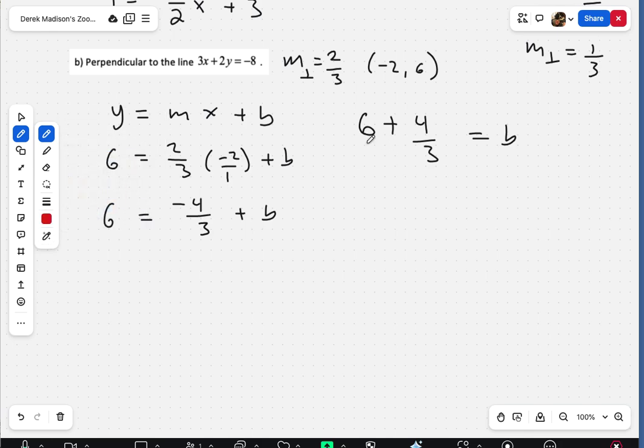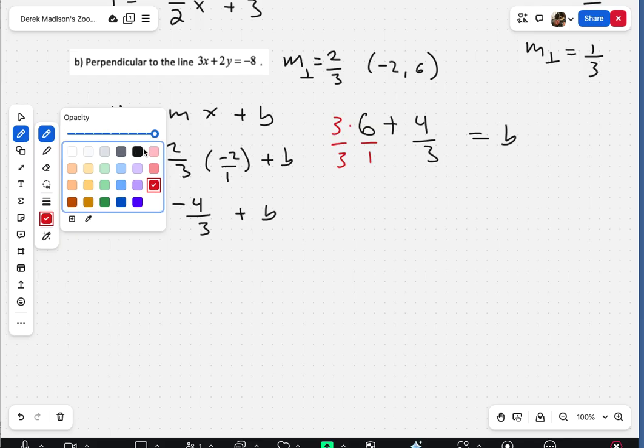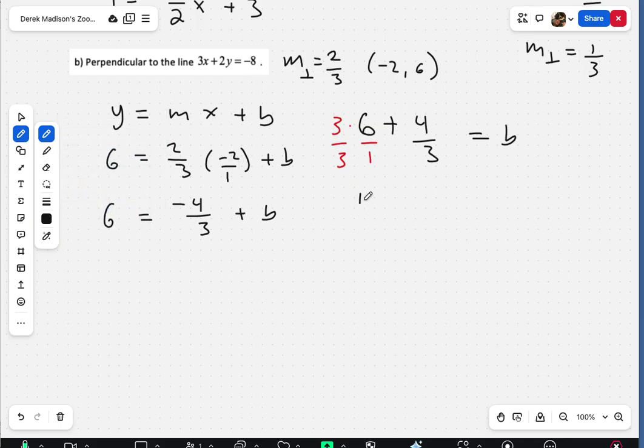And then in order to add these two together, I need to have a common denominator. So I need the 6, instead of being a 1, I need it to be a 3. So we're going to multiply by 3 over 3, because that's going to get my denominator to be 3 with an equivalent fraction. So 18 over 3, not a very good 8.